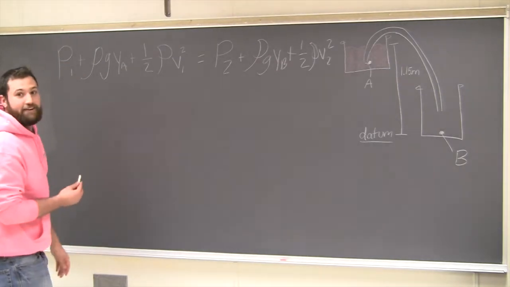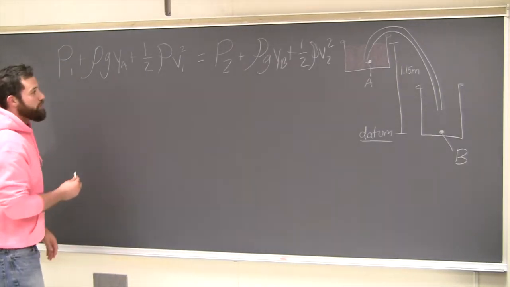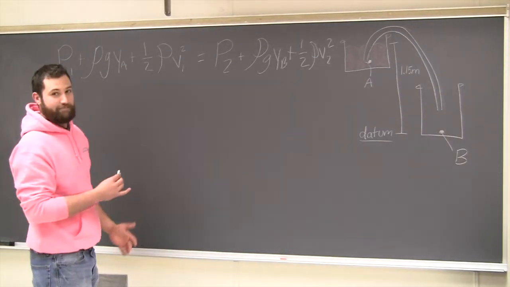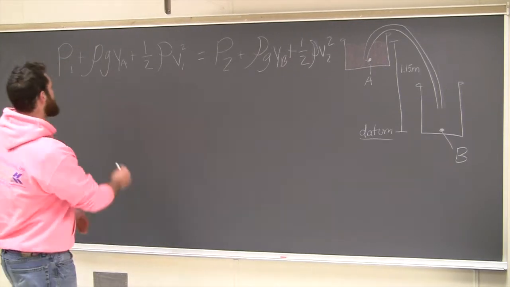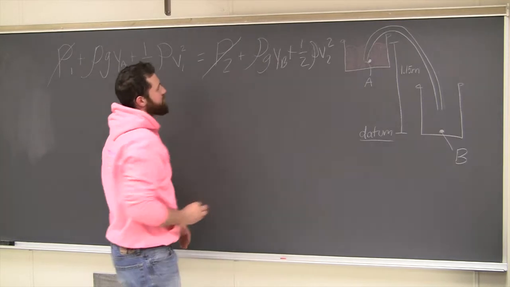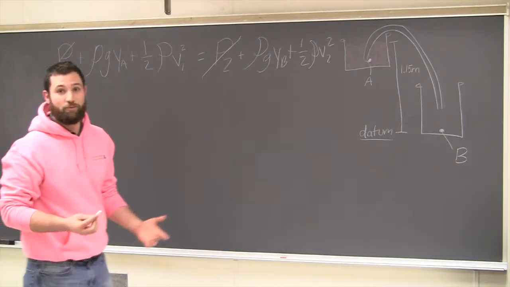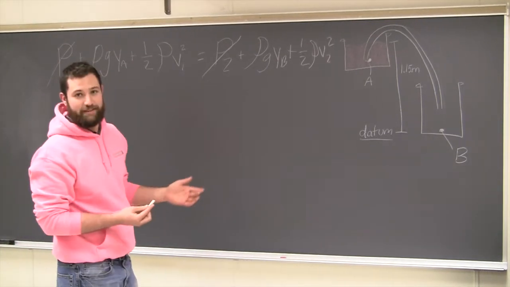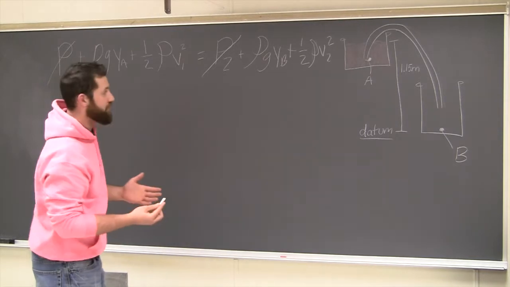To start out our equation, our pressure is going to be the same in both, so we can go ahead and cross out our pressures. Now our density is water, so the density is going to be the same throughout the equation, so we can cross out the density.